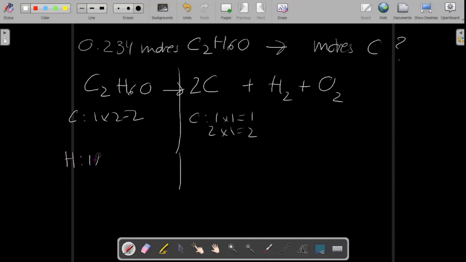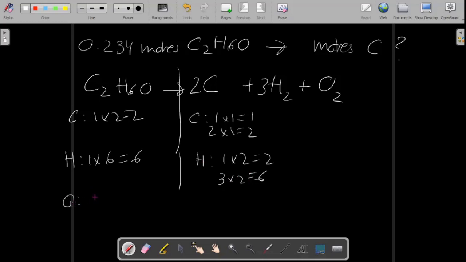Hydrogen. So 1 times 6 equals 6. Here on this side, the hydrogen says 1 times 2 equals 2. That's not the same. So if I put a 3 here, I'm going to have 3 times 2 equals 6. So far, seems to be working okay right this minute. We'll see what happens with the oxygen.